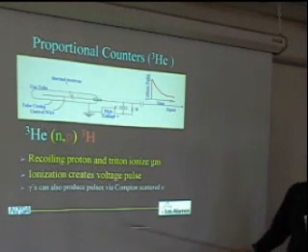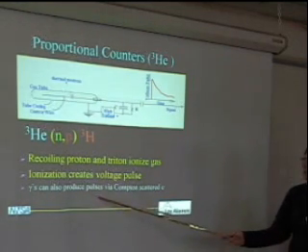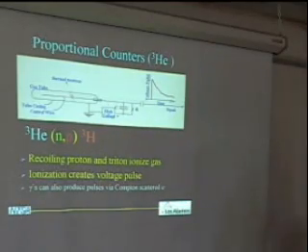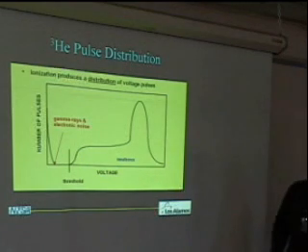One thing to also keep in mind is that gammas can also produce pulses via Compton scattered electrons in the gas. But these are at a much lower energy.